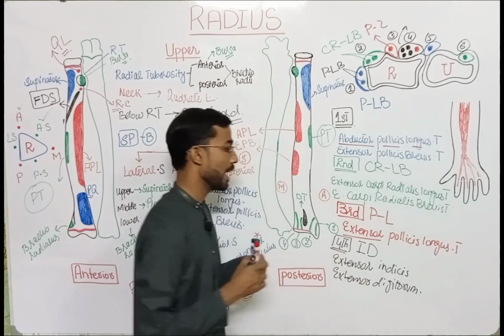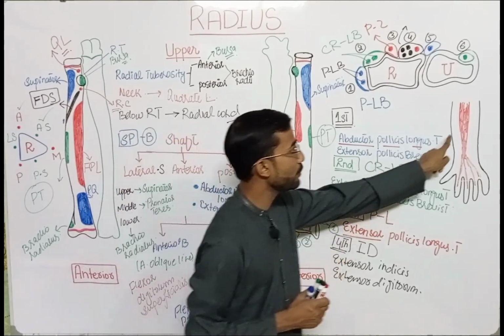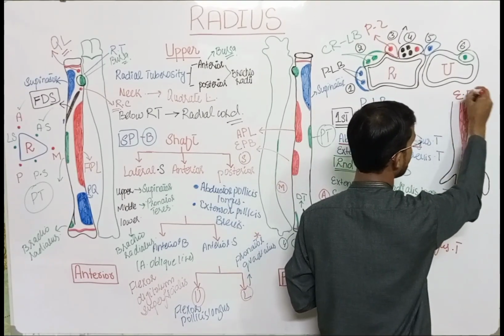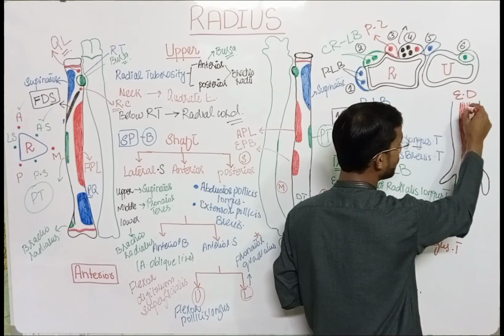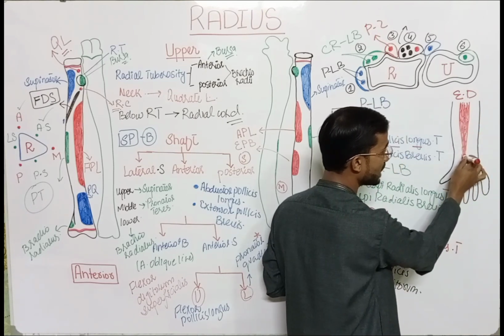The important thing is that this is actually the extensor digitorum, which at the last point divides or gives rise to different tendons.